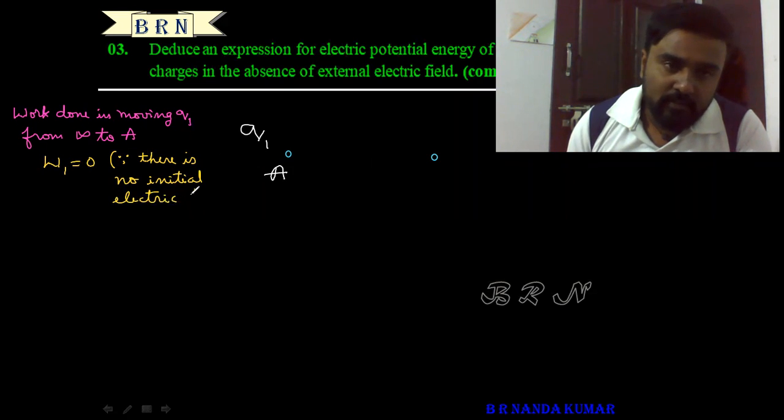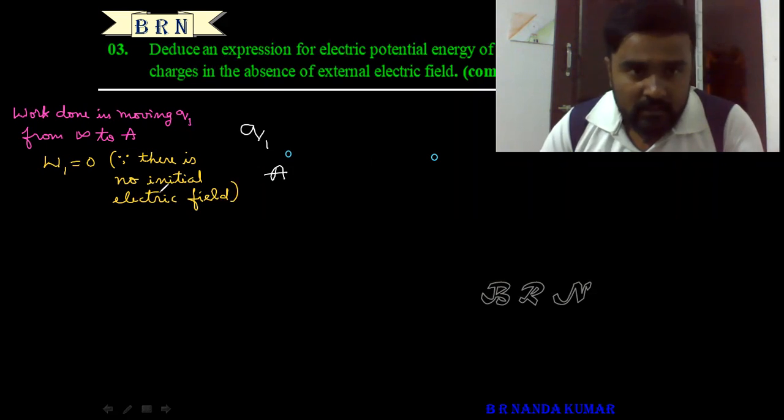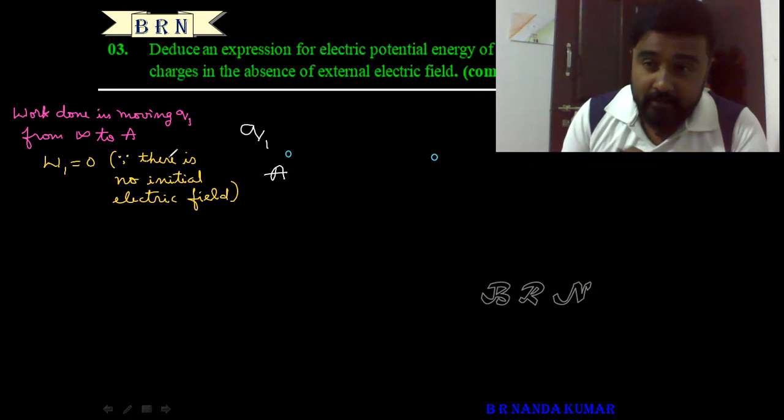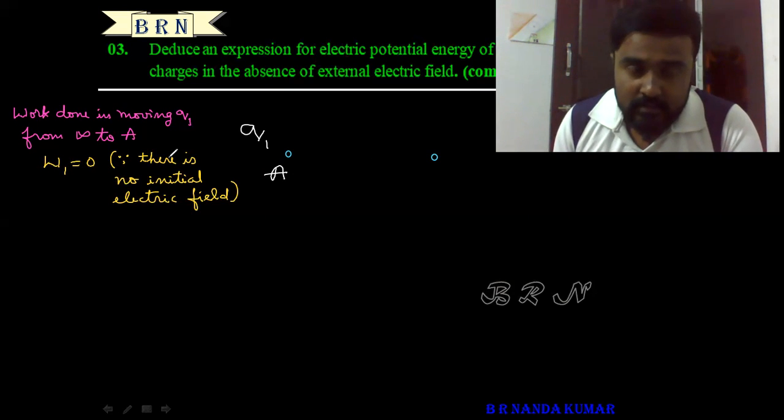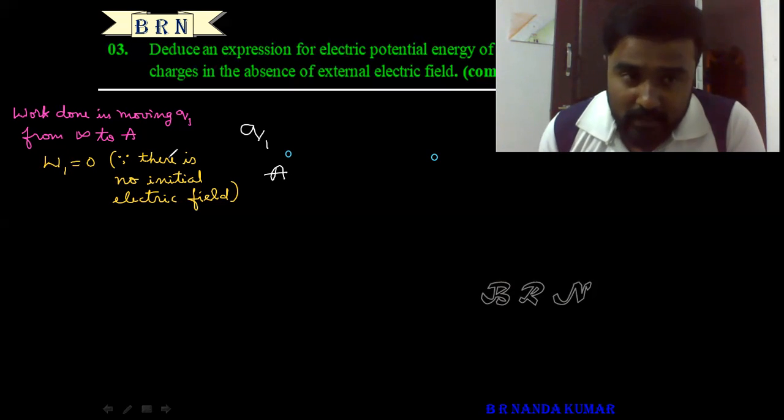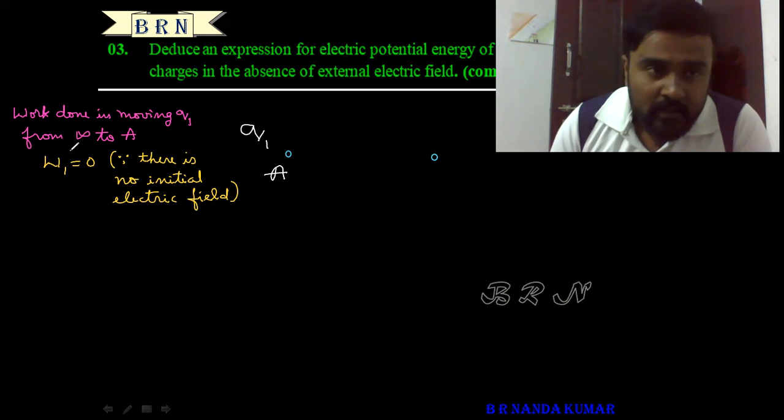If a charged particle moves in an electric field, a force acts on it, and if a force acts, then work is done. So in the absence of an electric field, a charged particle moving does not experience any force. So if force is 0, work done is also 0. This is the first step in this derivation. Work done in moving Q1 from infinity to point A is 0.